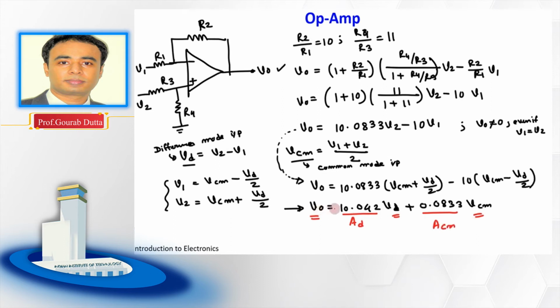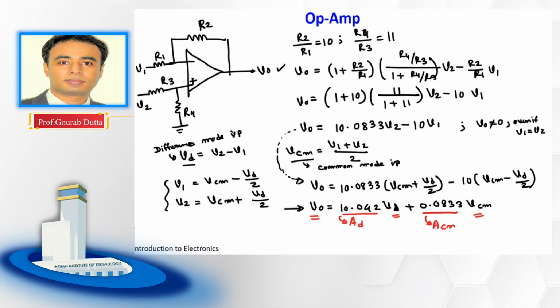So this equation tells us that the value of AD, or this difference mode gain, is this, and the value of common mode gain is this. Obviously you can see from this equation that the value of AD is much higher than that of A of Cm, right?